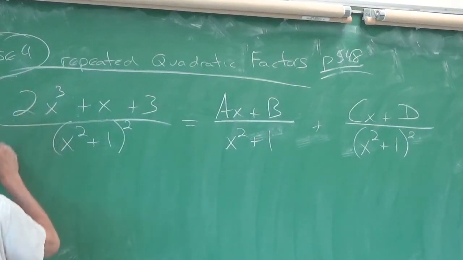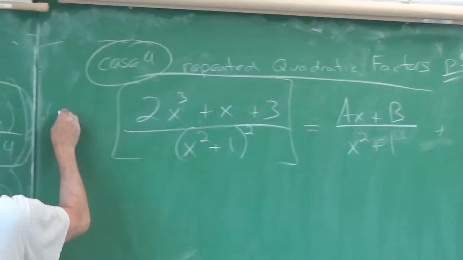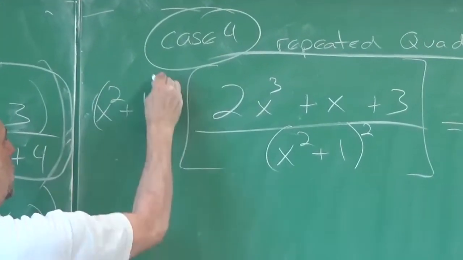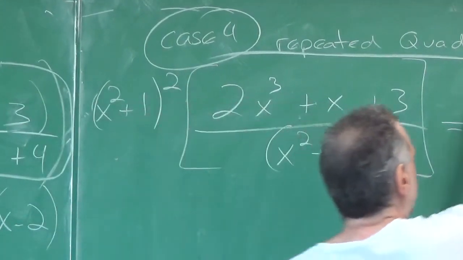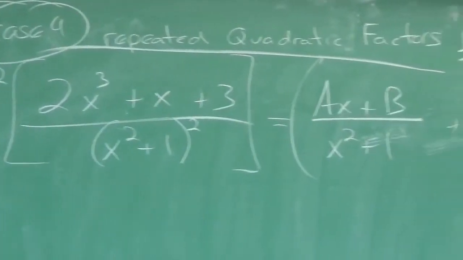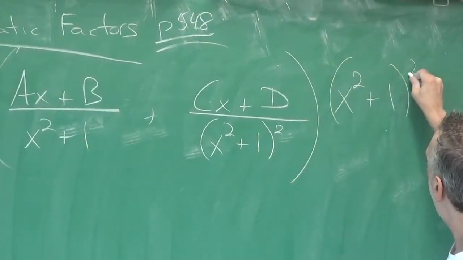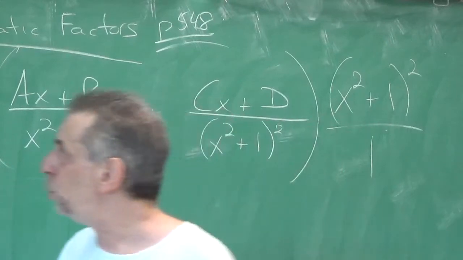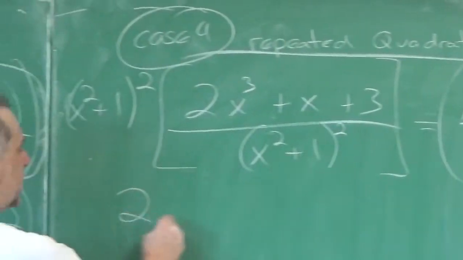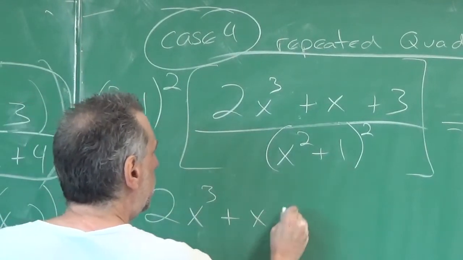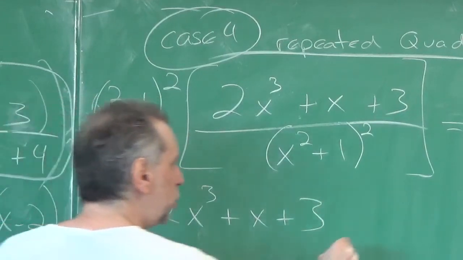We're going to multiply both sides by the least common denominator. All right, we multiply that side by x squared plus 1 squared. We multiply this side by x squared plus 1 squared. Left-hand side, all we get is the cubic expression.